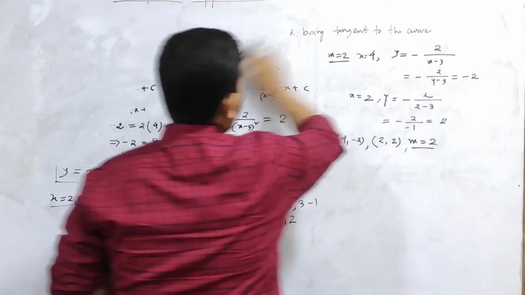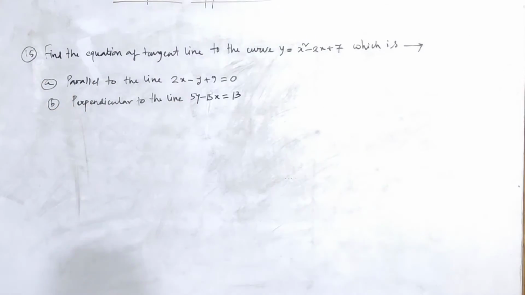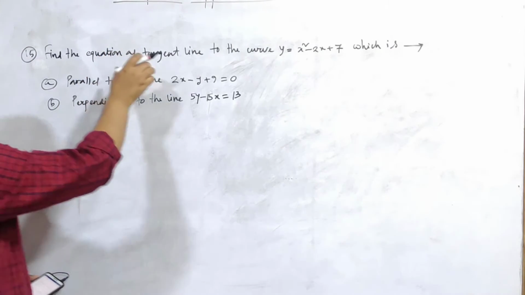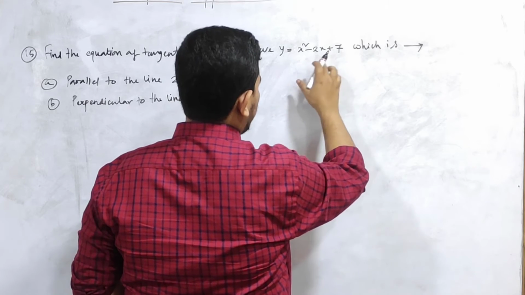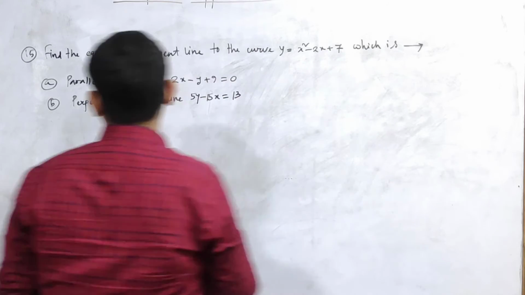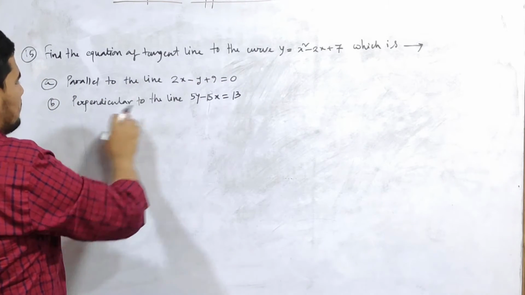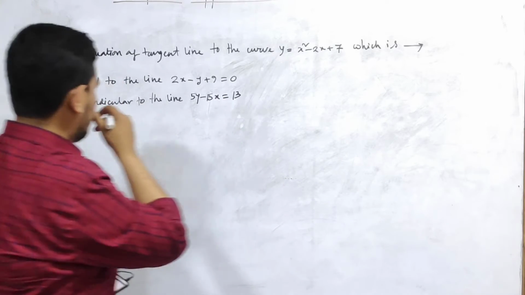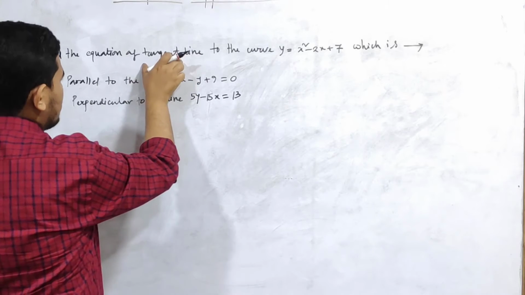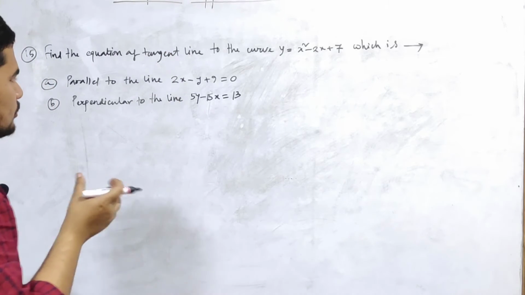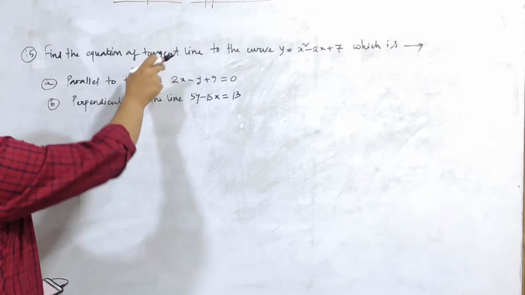So this is the question for us: to find the equation of the tangent line to the curve y equal to x square minus twice x plus 7, which is parallel to the line and perpendicular to the particular line. So you can also find out, instead of tangent, you can also find out normal. So in this problem I will just write the tangent.